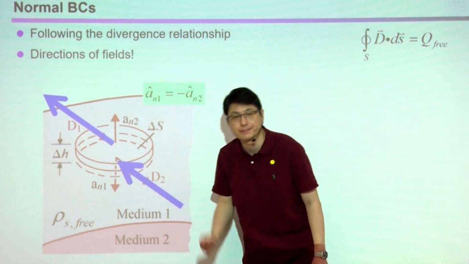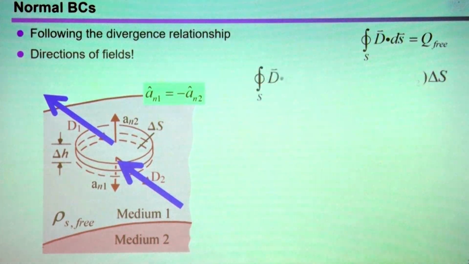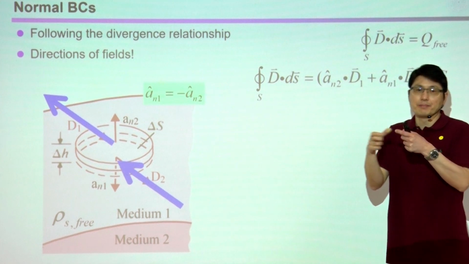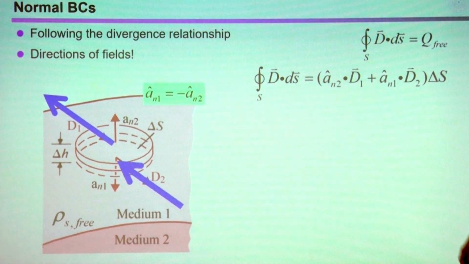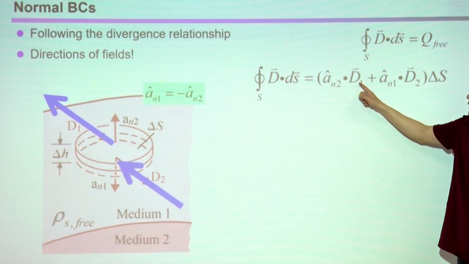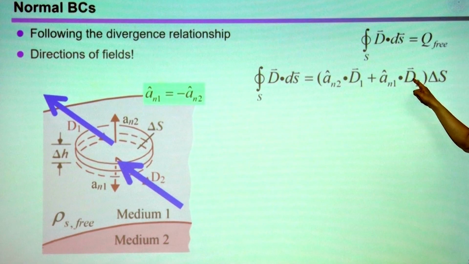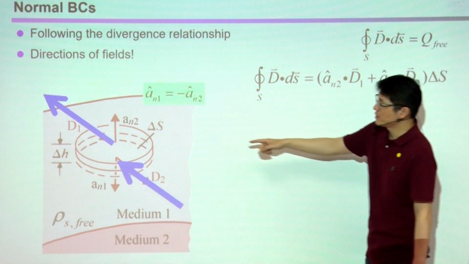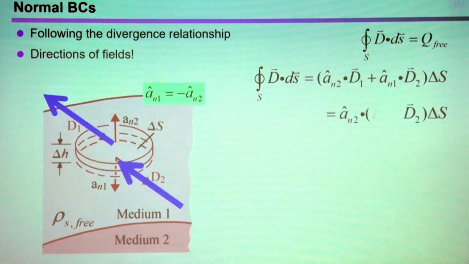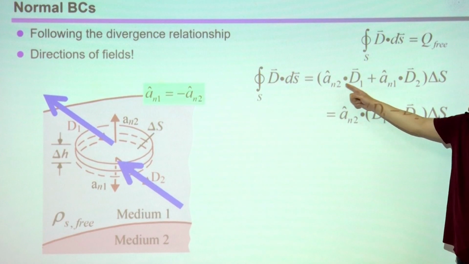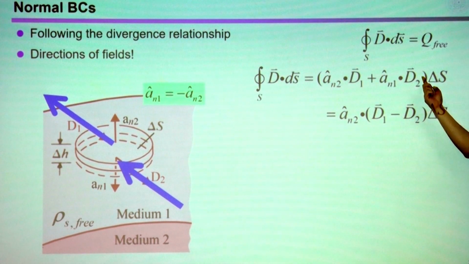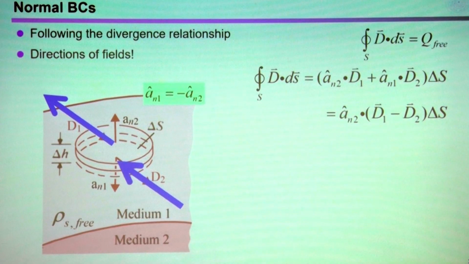So this is AN1, right? AN1 equals negative AN2 if the box, the surface is really small, right? So when we evaluate the flux, D1 AN2 plus D2 AN1 times this surface, that's my flux, okay? Because AN1 is negative AN2, so I can just change the sign of D2 and use AN2.